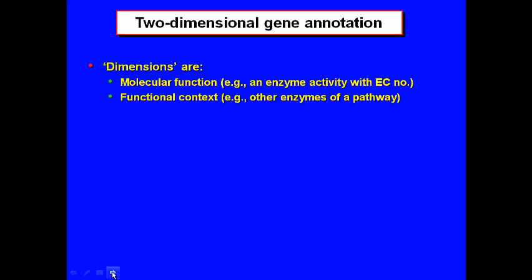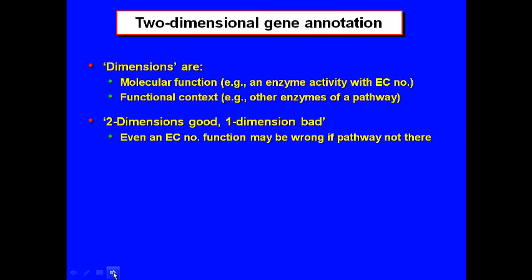So I coined this aphorism. How many people have read Animal Farm? Okay, remember? 4 legs good, 2 legs bad. 2 dimensions good, 1 dimension bad. Because even an EC number function can be wrong if the pathway that that enzyme belongs to isn't in the organism, isn't encoded by the genome in which it occurs.